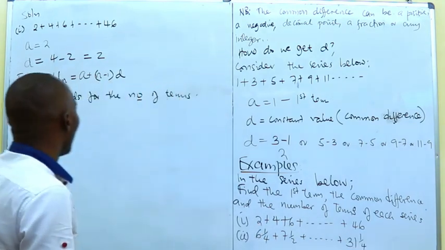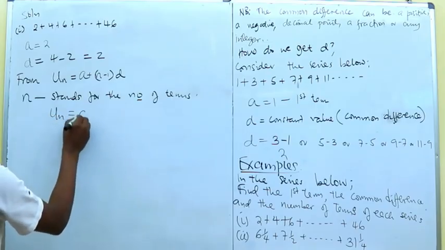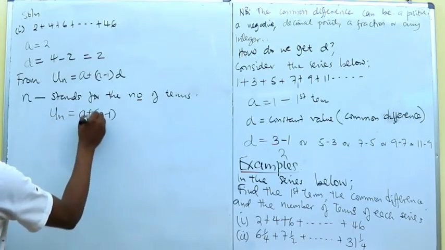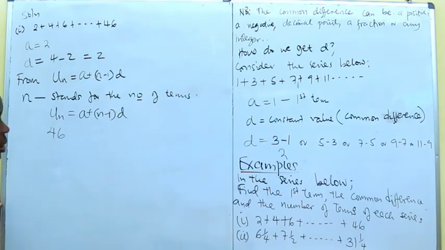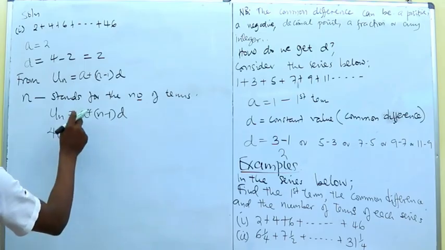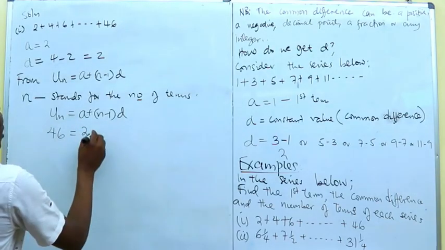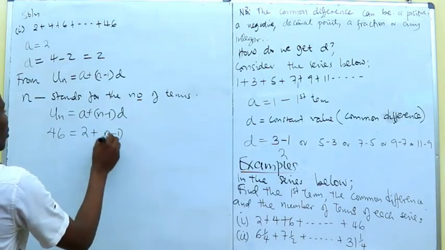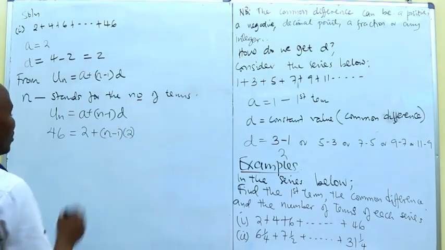For us to get those number of terms, we have Un, which is a plus n minus 1 into d. Our Un is the last term and it is 46. Our a is the first term, that is 2, plus n minus 1 into 2, that is our common difference.